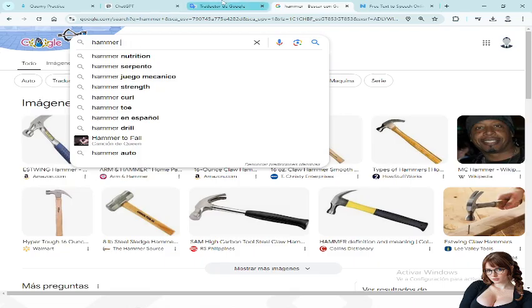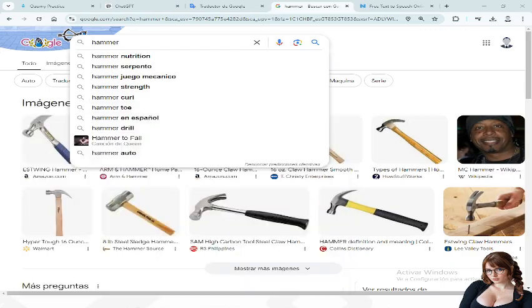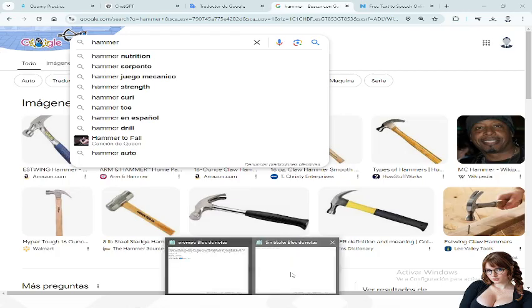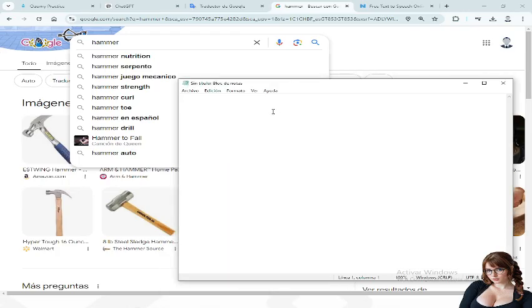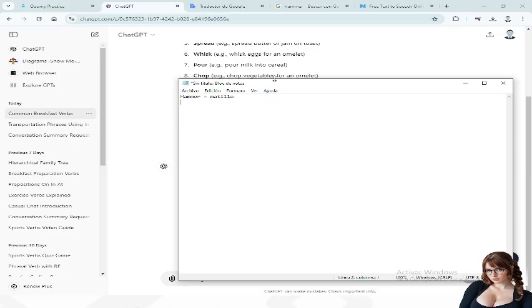In that context, I am going to create a notepad and write hammer, to show us at the end what vocabulary I learned with the sentences.